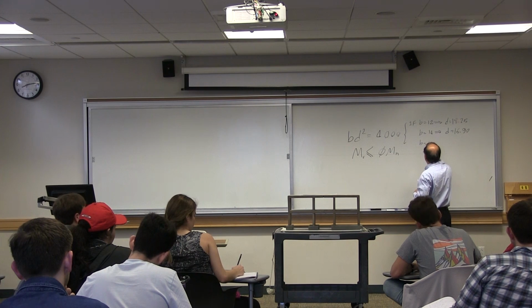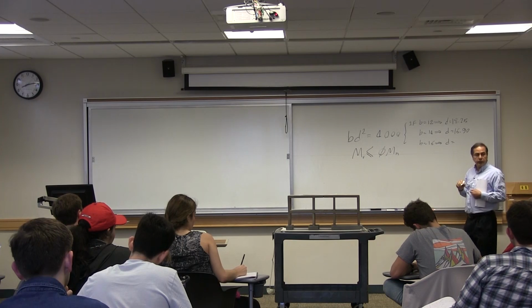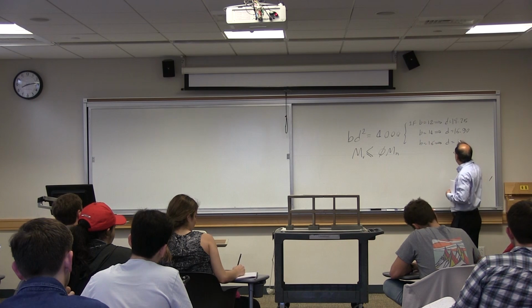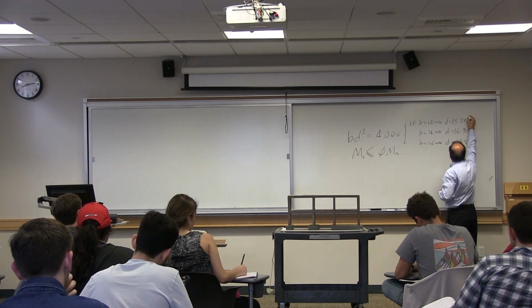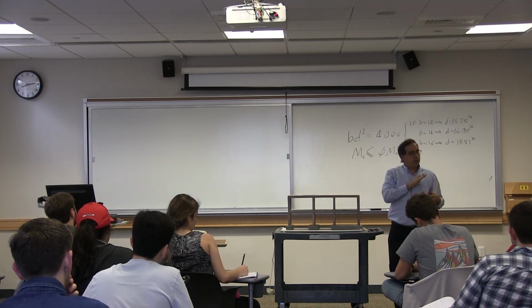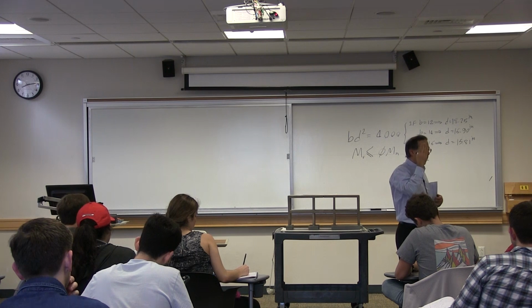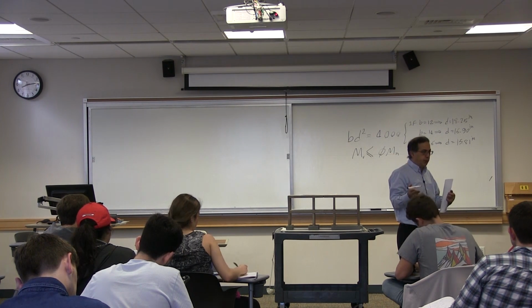And if B is equal to 16, D is equal to, no, it should be less, 15.81. So if you use either of those pairs, your Mu is equal to phi Mn because you set them to be equal.